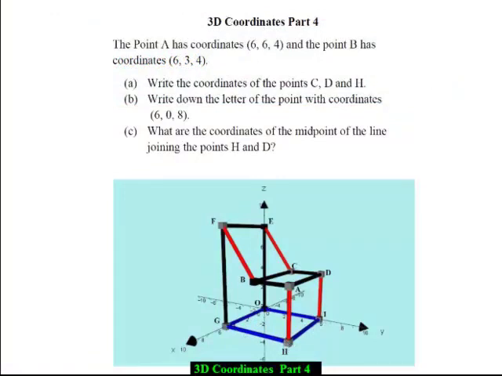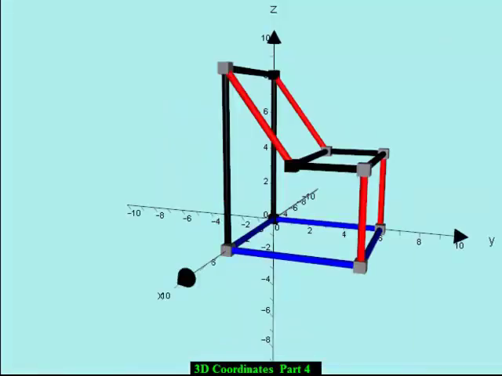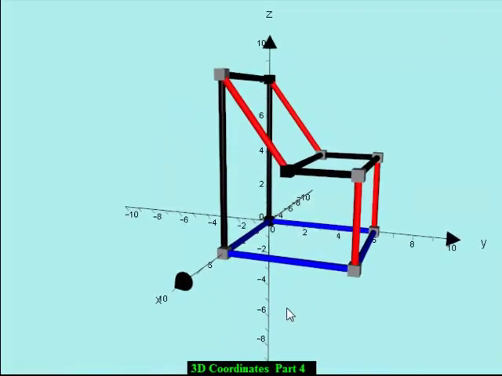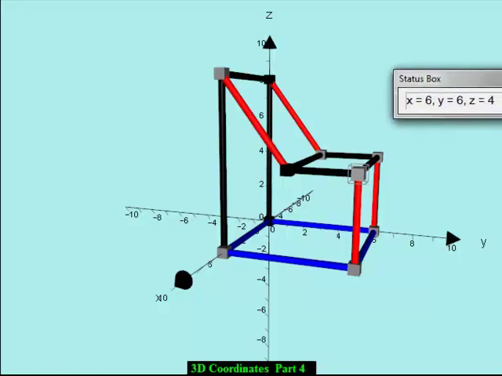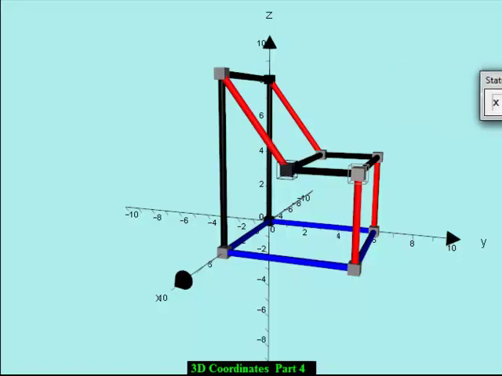Let's have a look at those on Autograph. And there it is. So this point was A, which we know about. This point is B, which we know about. And then we're asked to find the point C, this point here. There's no z here, it's the z-axis.